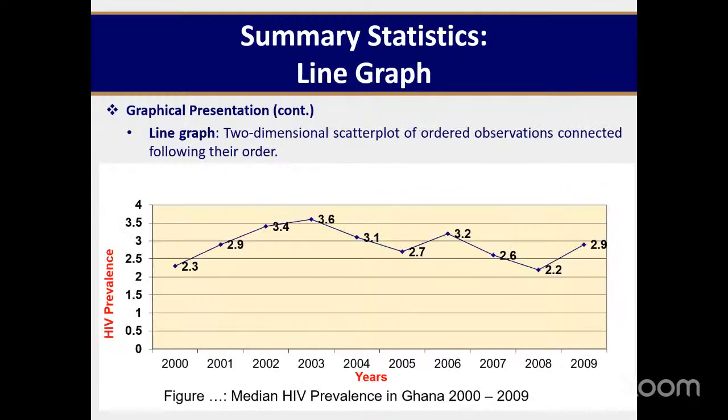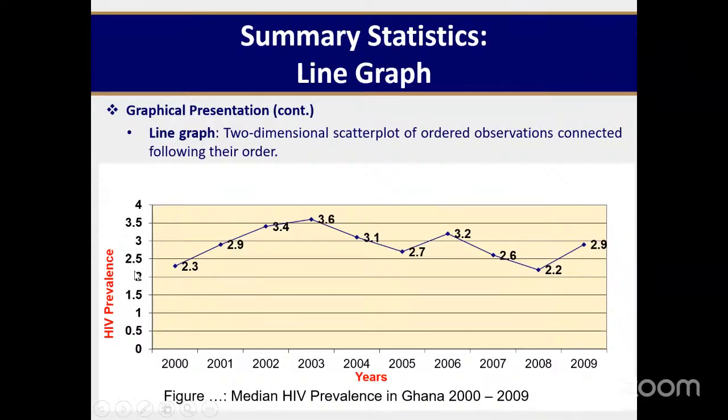The next one is the line graph. We use line graphs to show a two-dimensional scatter plot. And what we do, we connect the dots by straight lines. So in the figure we do have here, we have the x-axis as the years, which is from the year 2000 to the year 2009.